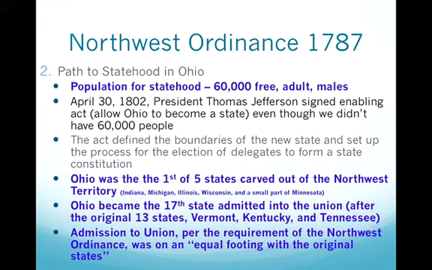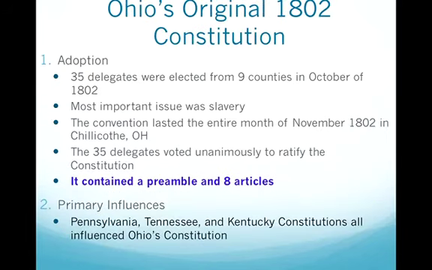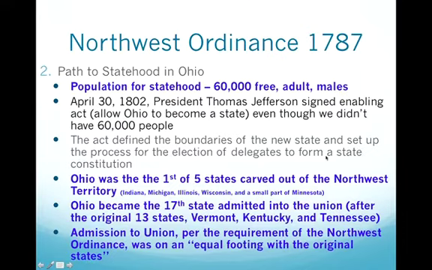Now, Ohio was the first of 5 states carved out of the Northwest Territory, the rest being Indiana, Michigan, Illinois, Wisconsin, and a small part of Minnesota. Many of you already know it's the 17th state, admitted to the Union after the original 13, Vermont, Kentucky, and Tennessee.